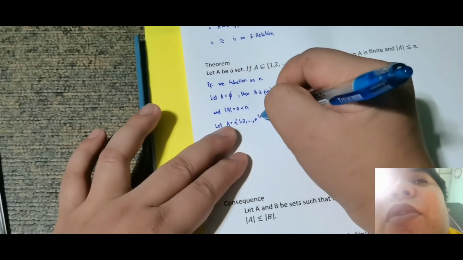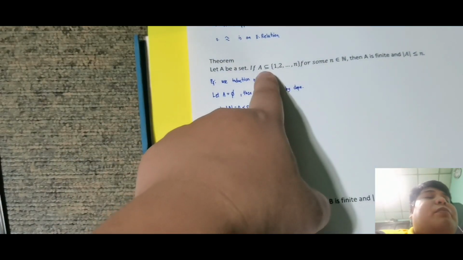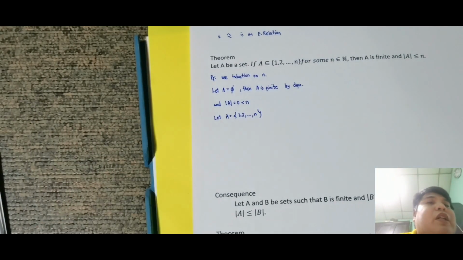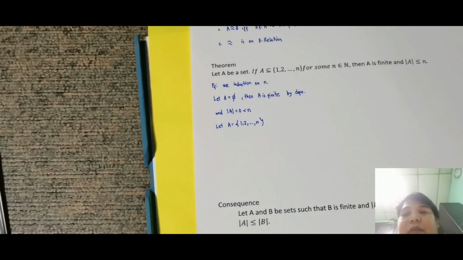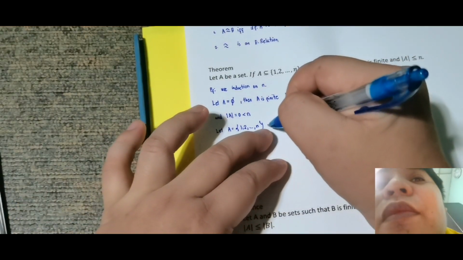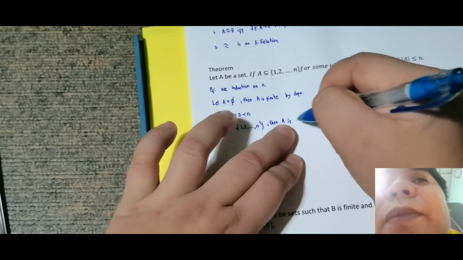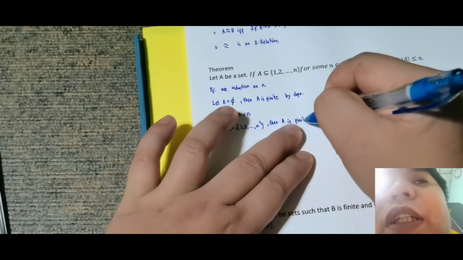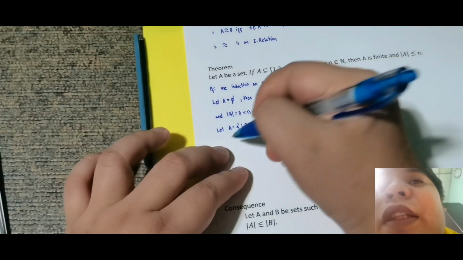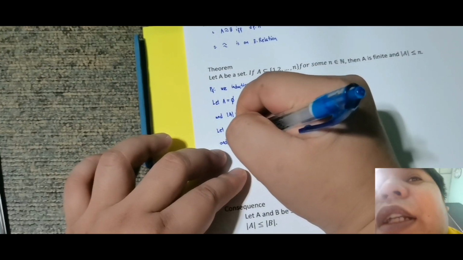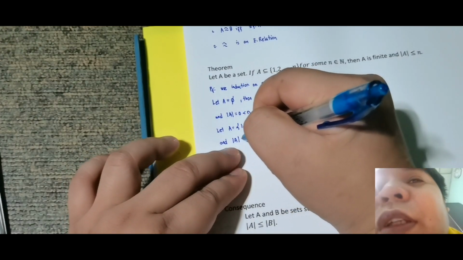So meaning siya mismo, so di ba nga sa pagiging subset, possible na empty or siya mismo yung ano niya. So what if yung A is ganyan, then by definition ulit, then A is finite. So by definition ulit yan. Okay, and yung cardinality of A natin is equal to n.